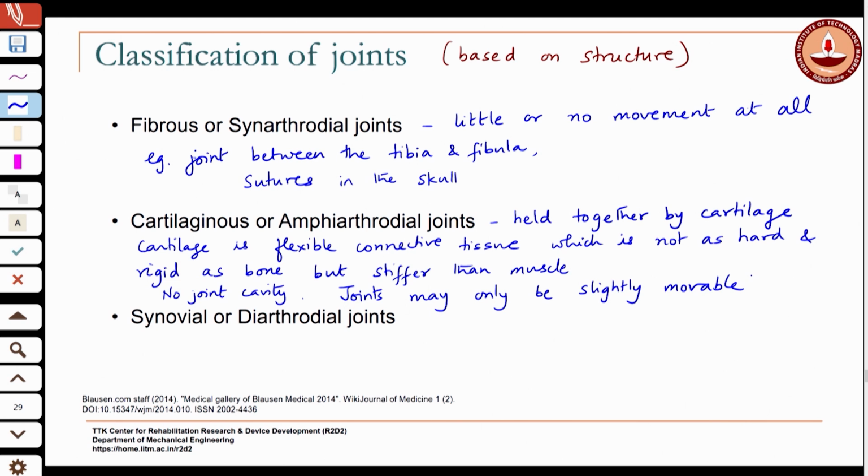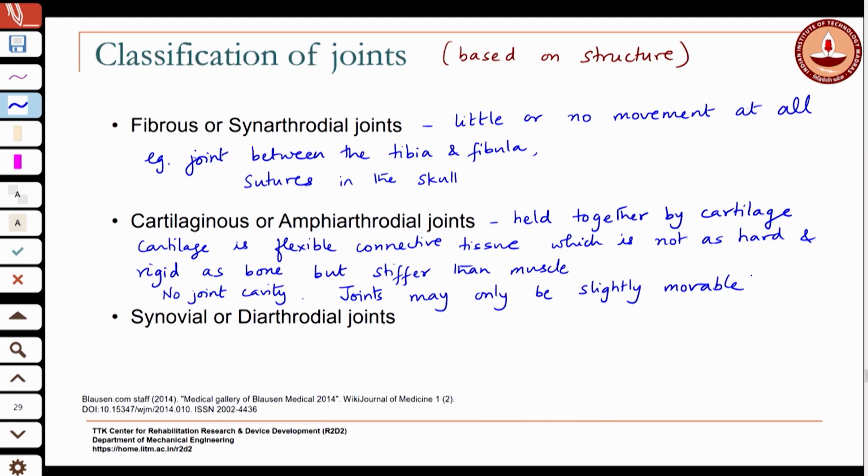A good example of these are the joints between the vertebrae. You have this cartilage between the vertebrae.